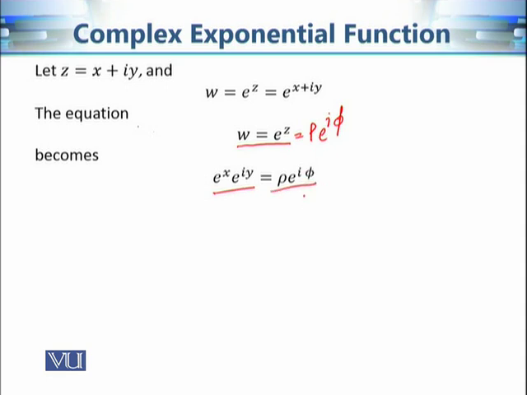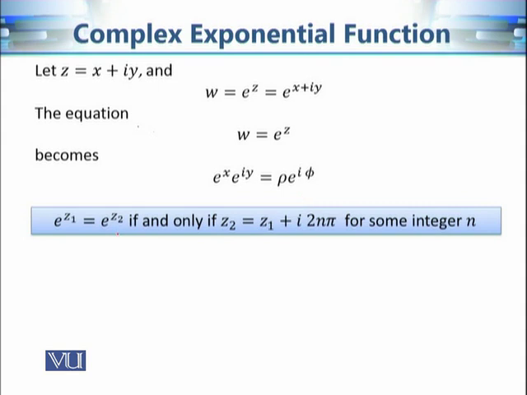As we have discussed earlier, e raised to power z1 is equal to e raised to power z2 if and only if the difference between z1 and z2 is a difference in the imaginary part only, and it is fixed, namely 2n pi for some integer n.